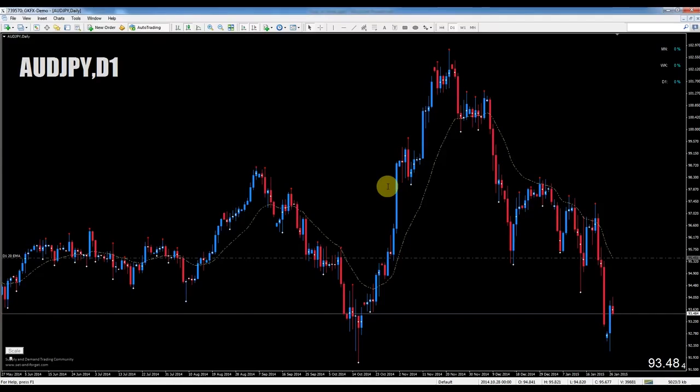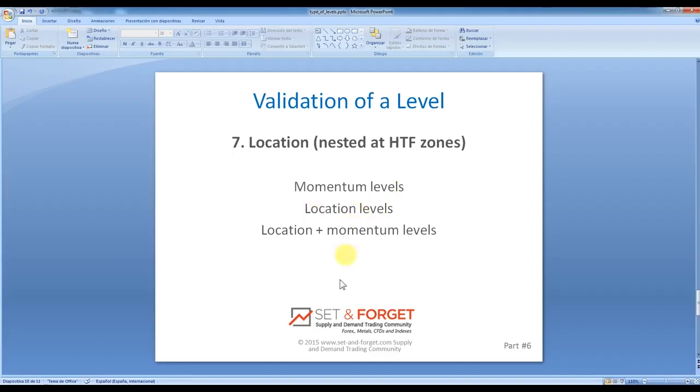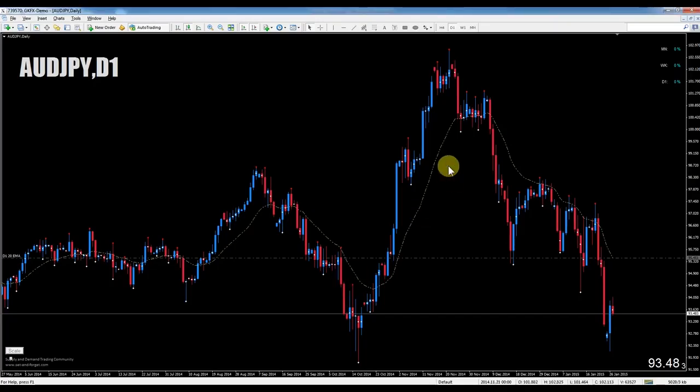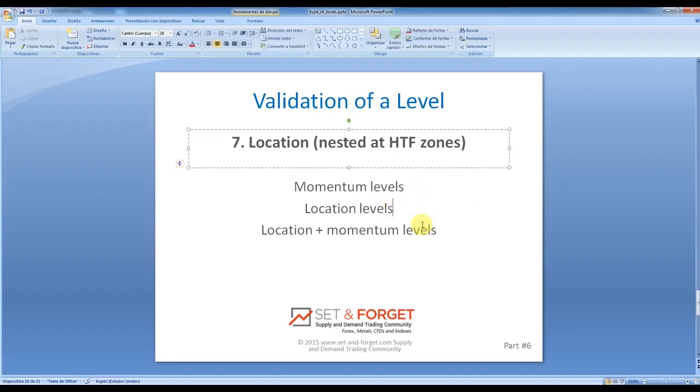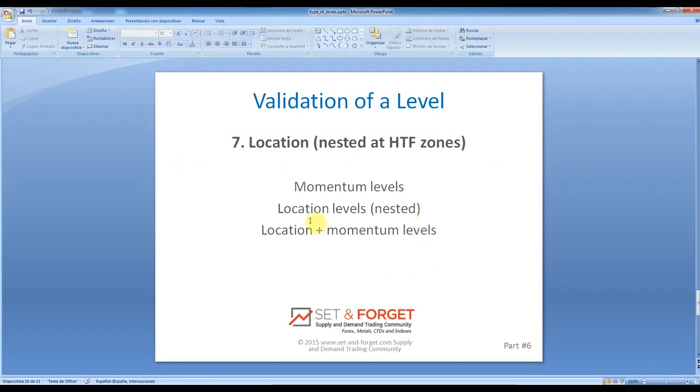And we have to differentiate them from the location type of levels. The location type of levels mean that we need to find that level located within a higher time frame area. They have to be nested, because otherwise they couldn't be well located.